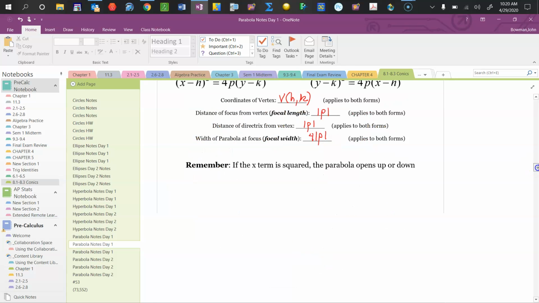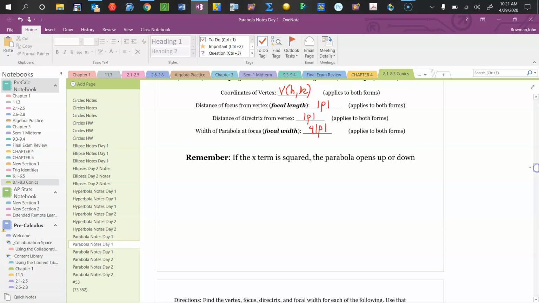And what I want you to remember is that if the x term is squared, the parabola opens up or down: y equals x squared, y equals the opposite of x squared. But I also want you to remember if p is less than 0, then it opens in the negative direction.